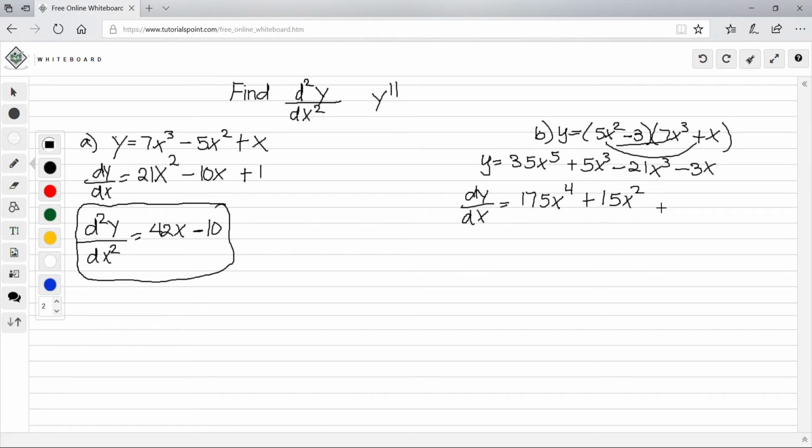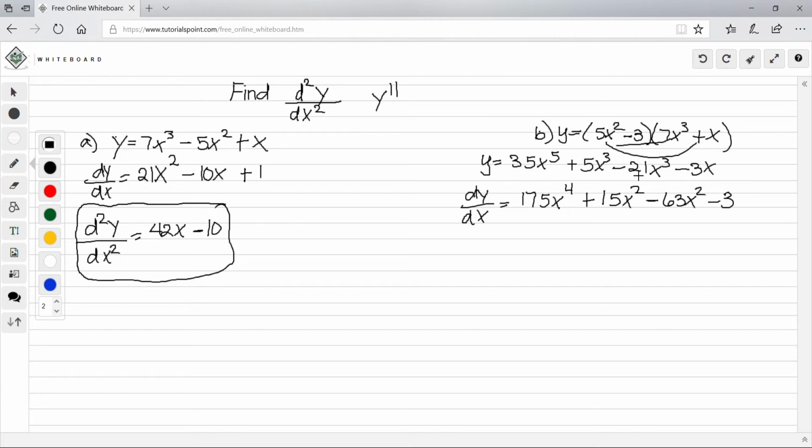And then negative 21 times 3 is negative 63x. 3 minus 1 is 2, so that's how you get a second power. And then negative 3 times 1 is negative 3, and then x to the 0, because there's an invisible 1. 1 minus 1 is 0, so anything to the 0 power is just 1.